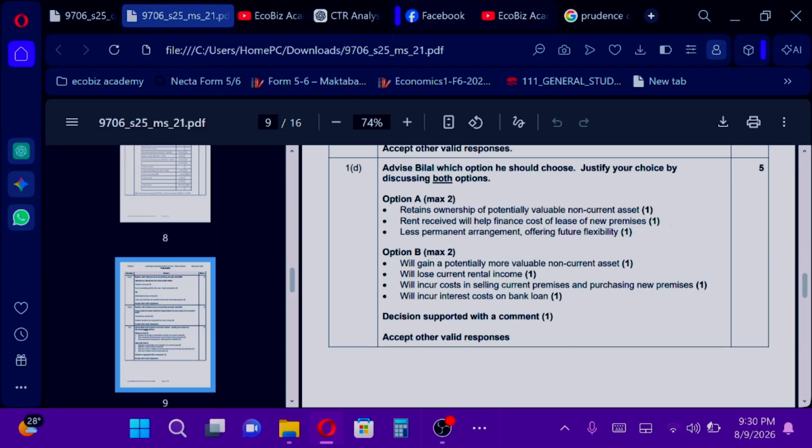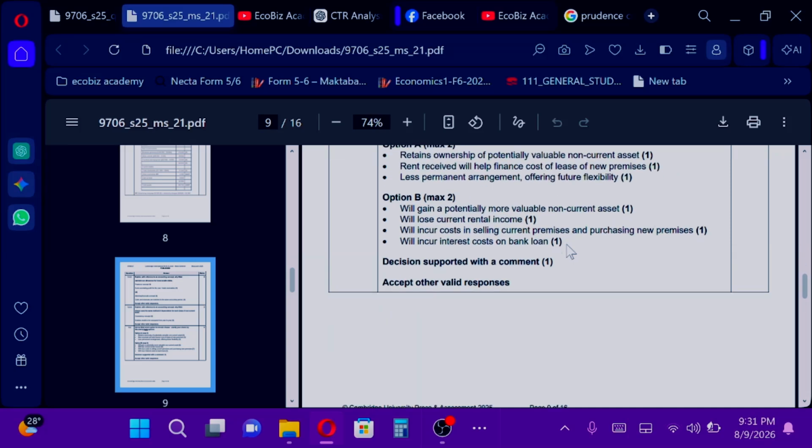Okay. Yes, the rent received will help us finance the cost. This is true because we're continually receiving the rent, which can help us to cover the operating expenses. Yes, less permanent arrangements. We can have flexibility because we can always be receiving rent receivable.